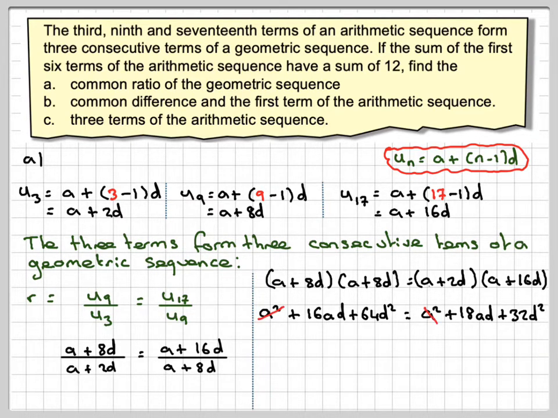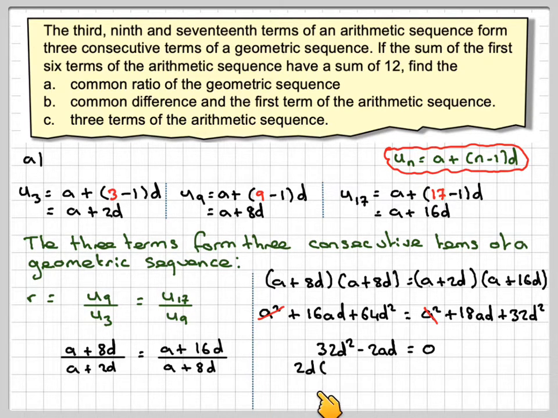The a squares cancel out. So taking the d squared terms, 64 minus 32 gives me 32d squared, and then 16ad minus 18ad will give me minus 2ad, is equal to 0.